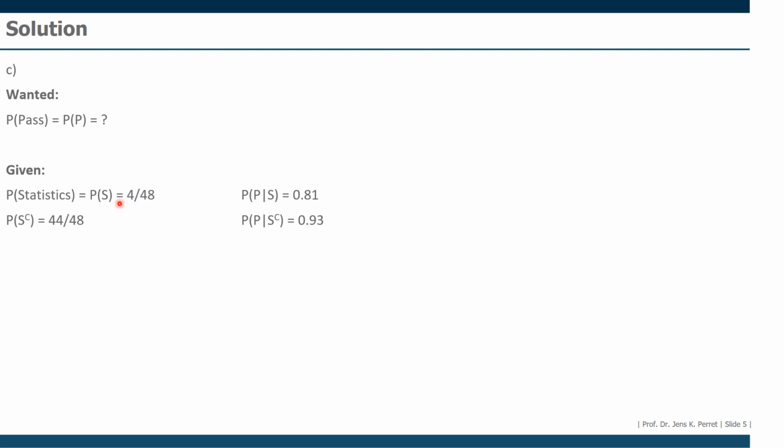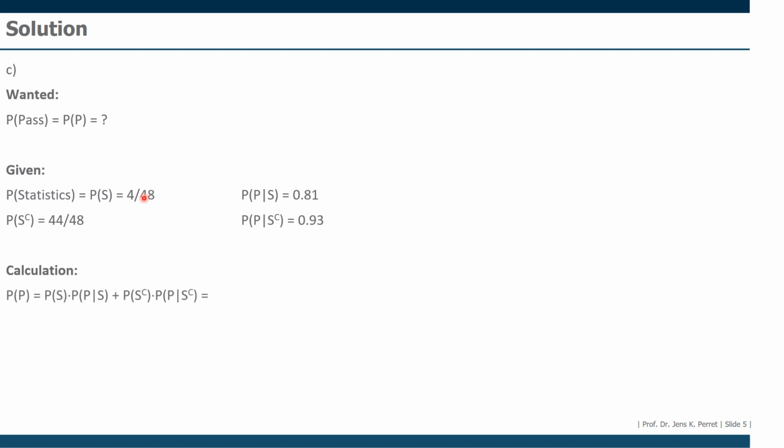We know the chances of taking a statistics lecture are 4 in 48. The chances of picking a non-statistics lecture are 44 in 48. And we know the chances of passing a statistics or a non-statistics lecture. So using the theorem for total probability, that's what we're going to do in the calculation part.